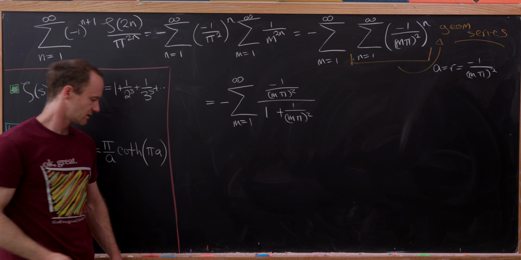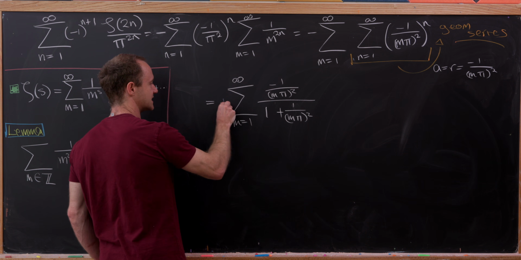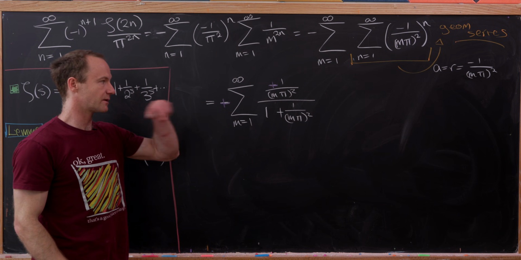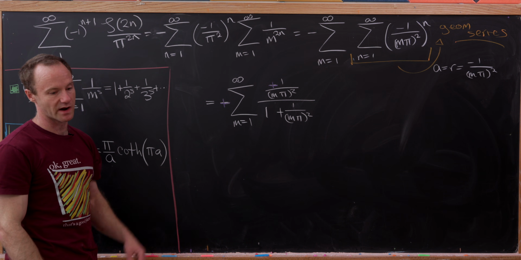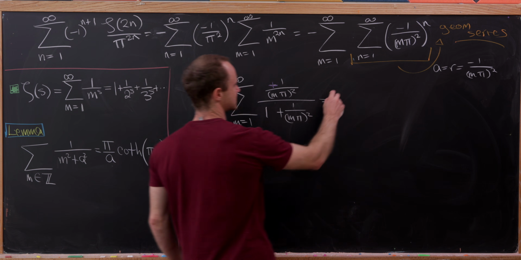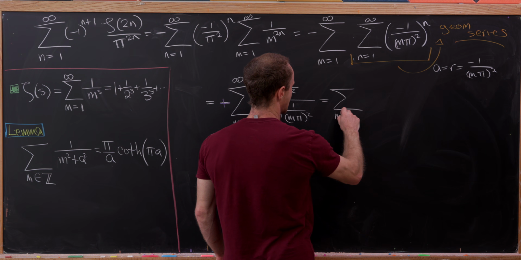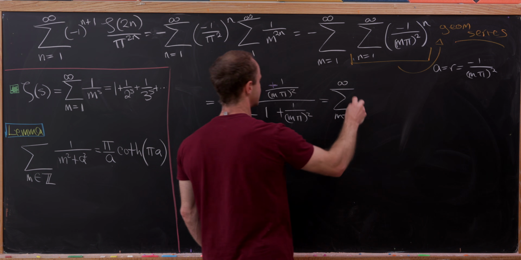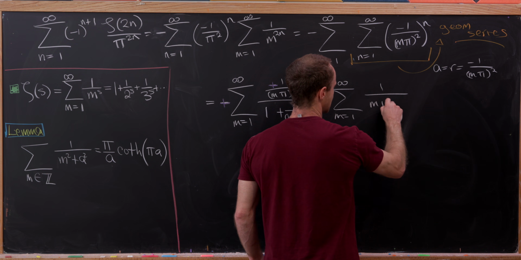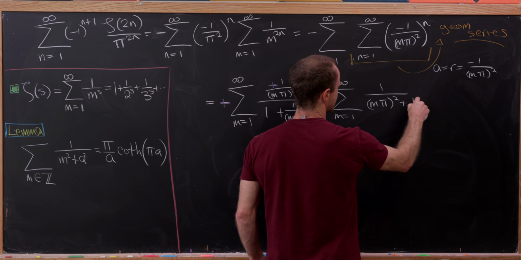Okay, nice. But check it out, this minus sign right here can cancel this minus sign right here, and then we can bring that m times pi squared to the denominator, and that'll leave us something like this. So we'll have the sum as m goes from 1 up to infinity of 1 over, let's see, m times pi all squared plus 1.